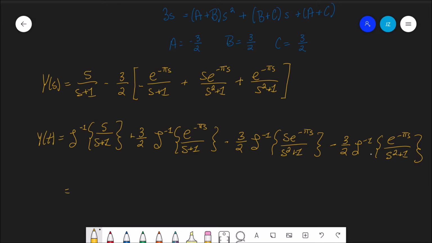So the first inverse transform is simply 5e to the minus t. The next three are all going to use the second translation theorem.